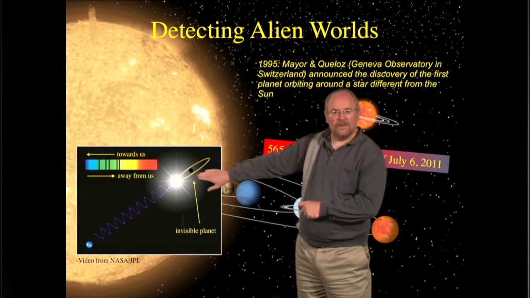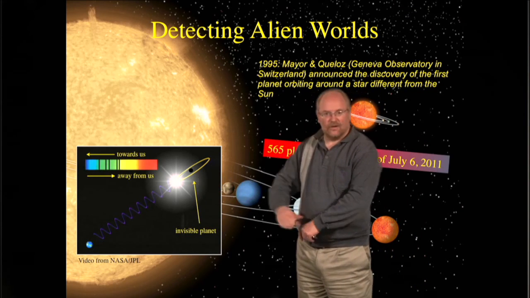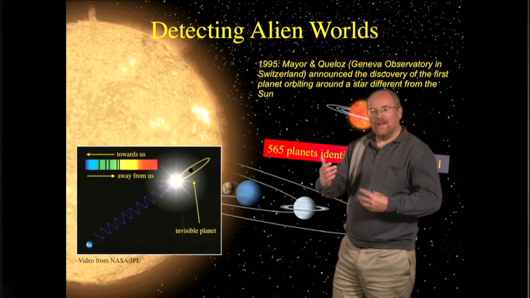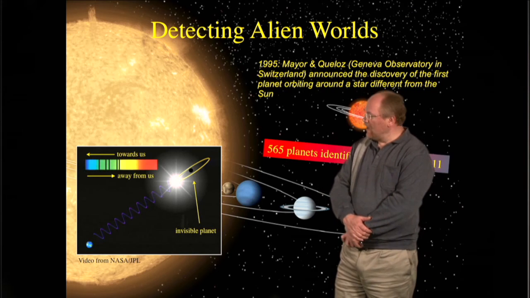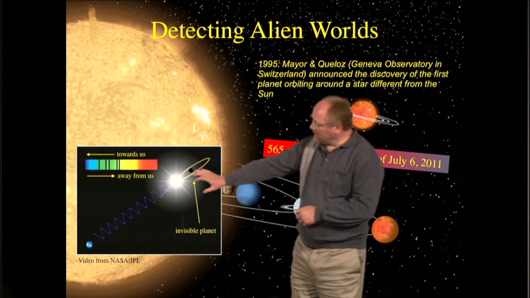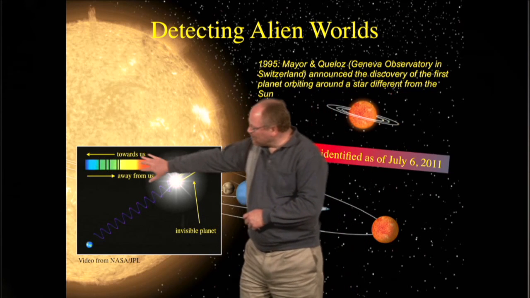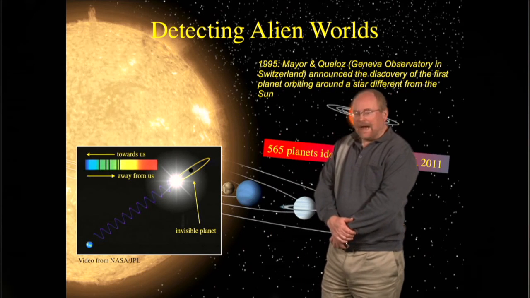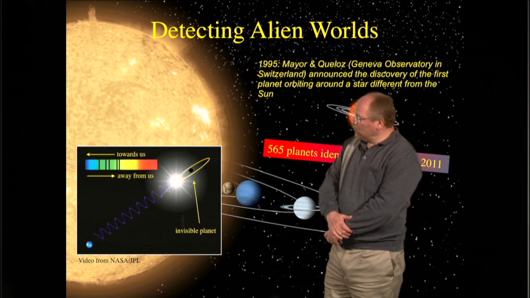The planet is invisible because of the very bright light from that star. However, what we can do is measure the gravitational effect of this planet on the star. That is shown here with the help of this spectrum. That's a spectrum of the star, and you have some absorption lines. And these absorption lines are moving back and forth.